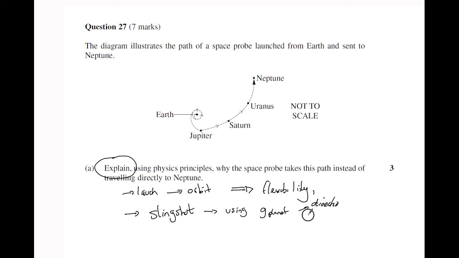Why would you do that? And of course the speed, and that is all about conserving fuel. We are conserving fuel because ultimately we're relying on Newton's first law in order that it gets out to Neptune. So that would basically give you 3 marks.